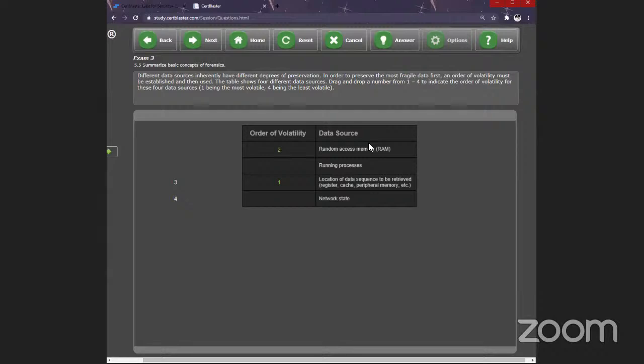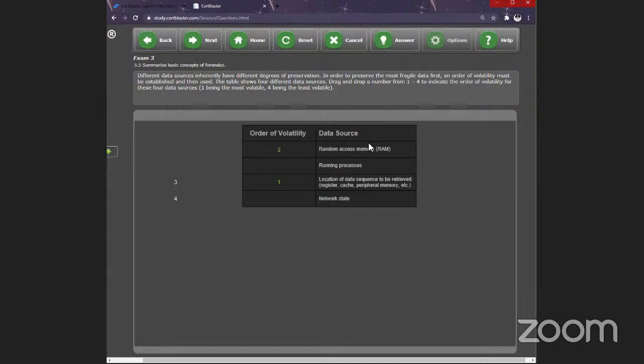So that network state is going to be altered prior to your running processes being altered, right? So that data is more volatile than your running processes.